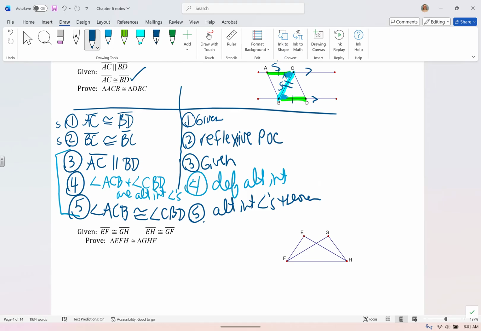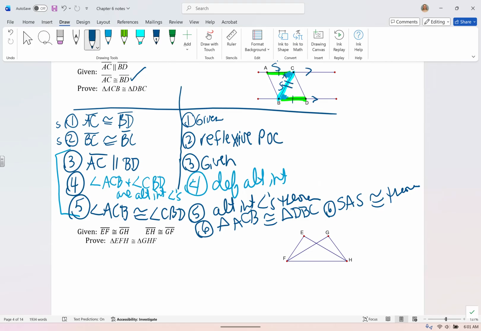So we can say step 6, triangle ACB is congruent to triangle DBC. Why? Not definition of congruent triangles, because we didn't prove all three things. It's going to say by side angle side congruency theorem. That's step 6.